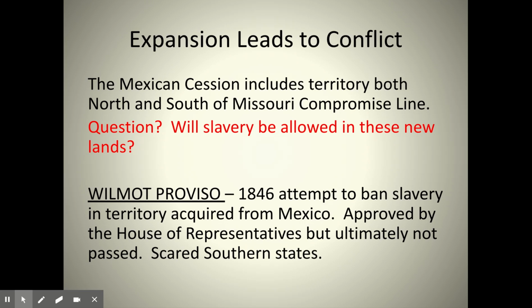The measure was blocked by a Southern-dominated Senate. However, it was initially approved by the House of Representatives, and this was scary for the Southern states.